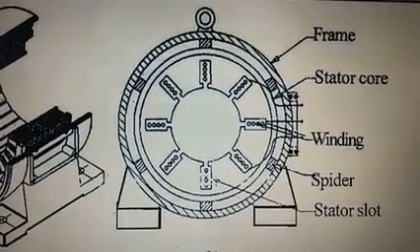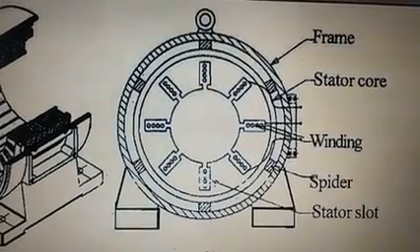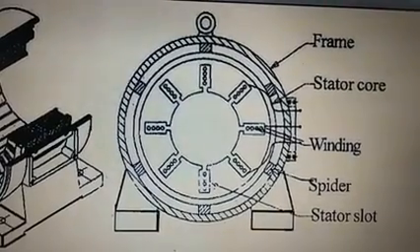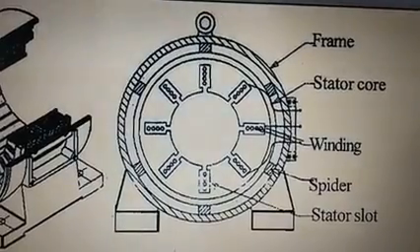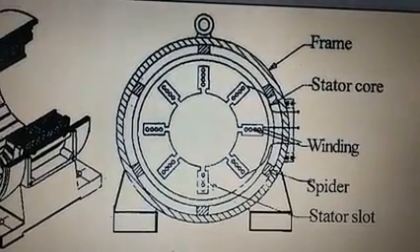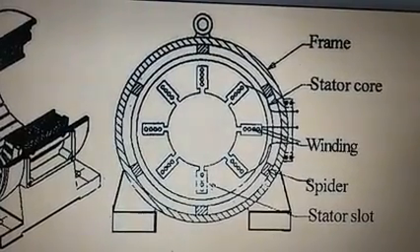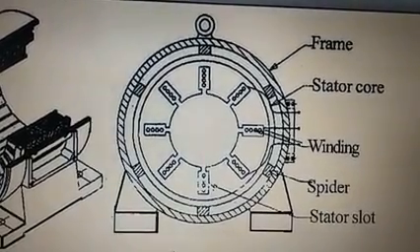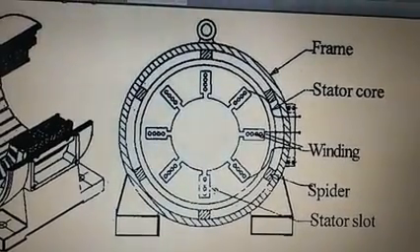Now these conductor bars are short circuited by end rings at both ends of the rotor core. In large machines, the conductor bars and the end rings are made of copper with the bars welded to the end rings, as you can see here.